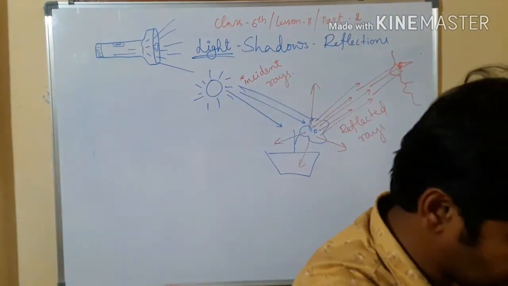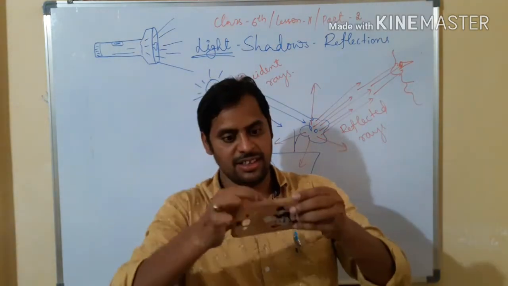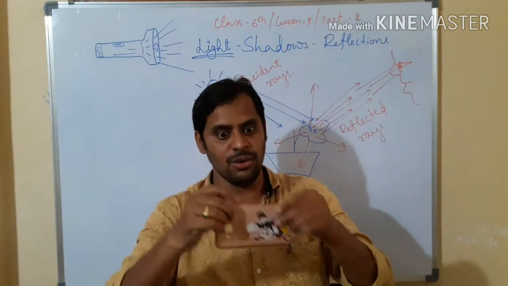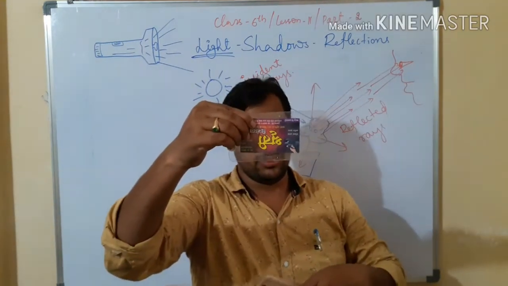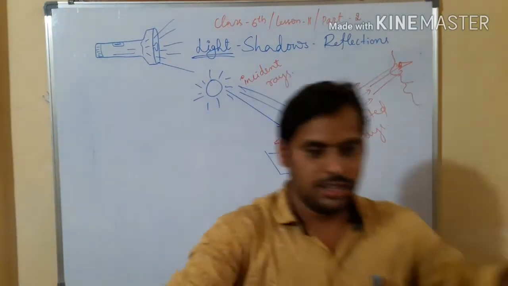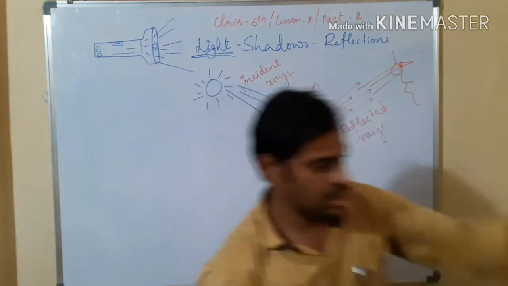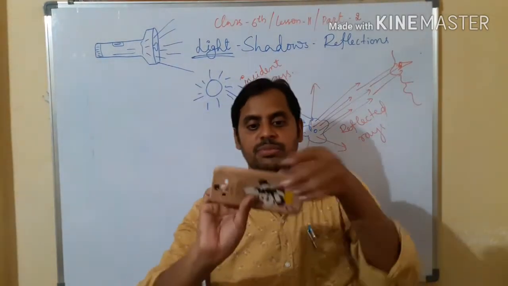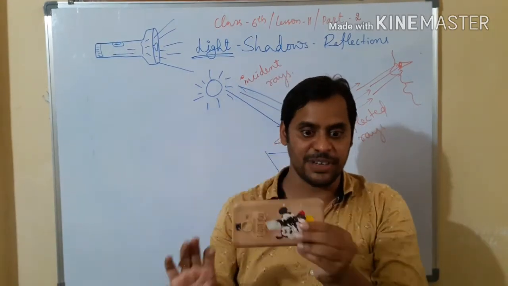Whereas the third one, see. Are you able to see this? No. Here, with this you are able to see clearly, right? First one. And with this you are able to see but not clearly. And with the third one, you are unable to see the thing completely, right?